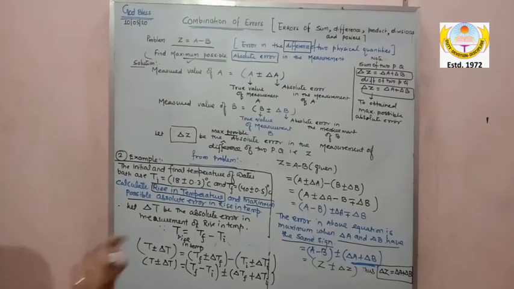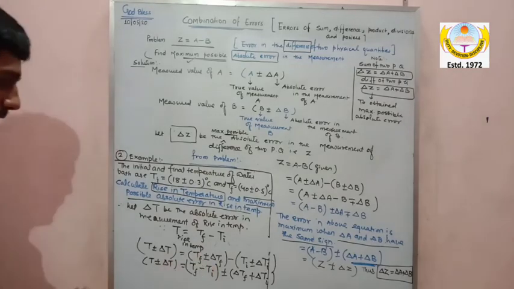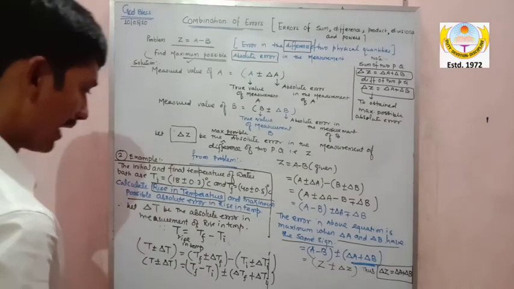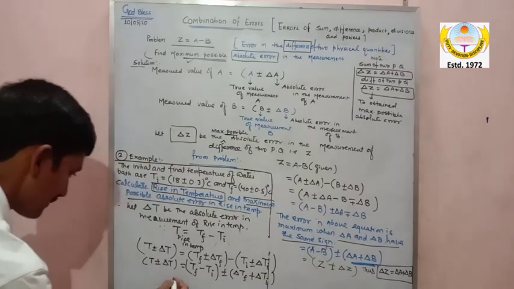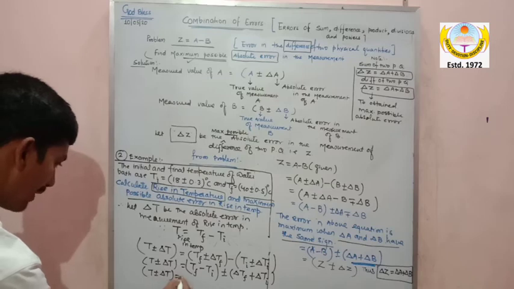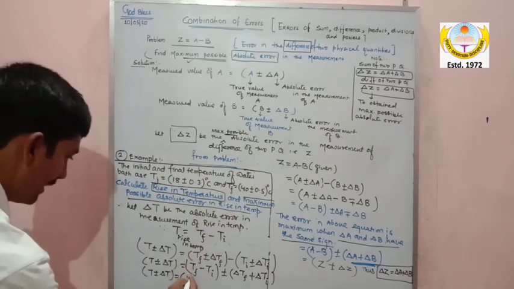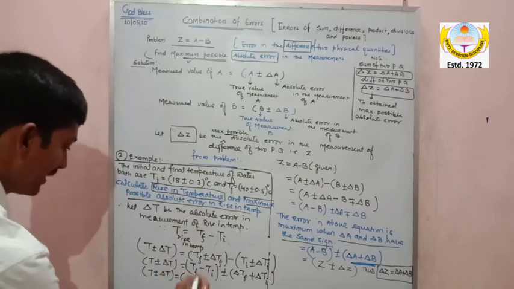You can imagine this. Now if I solve this further, what answer am I getting? T plus minus delta T is equal to TF, which is 40, minus TI, 18.